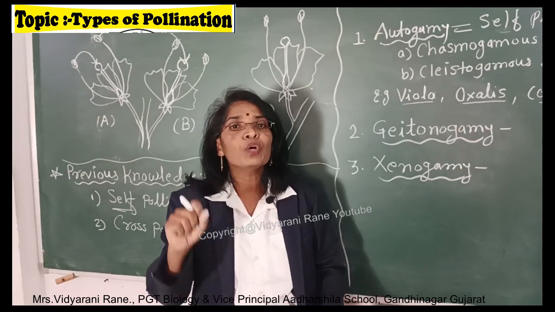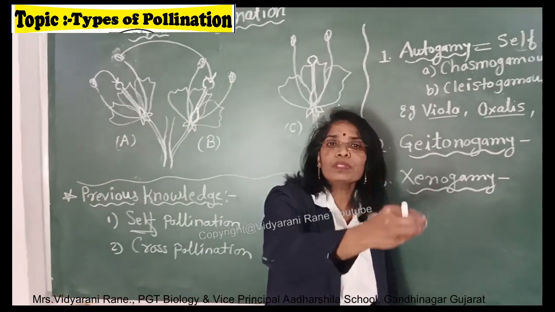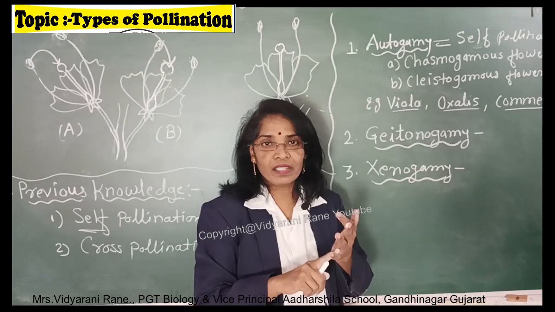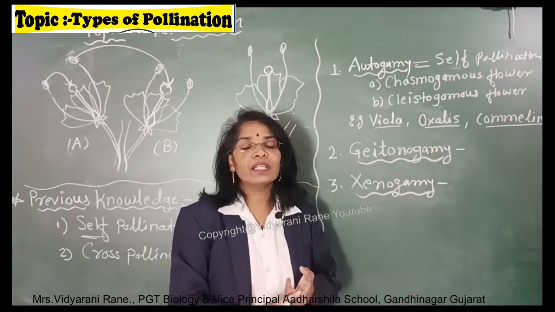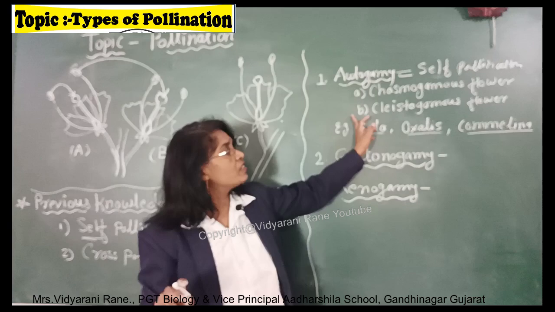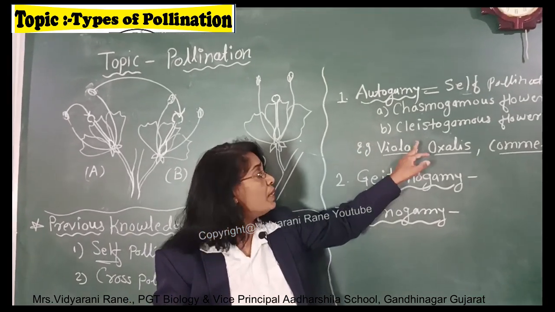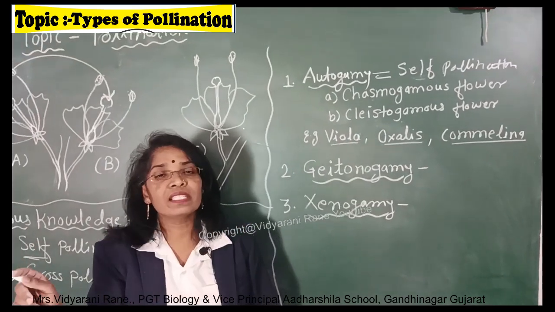The agent which transfers the pollen grains from anther to stigma. And which are these agents? Water, wind, insects, some birds and some animals also, right? These agents help in the transfer of pollen grains, but in cleistogamous flowers these agents are not essential.